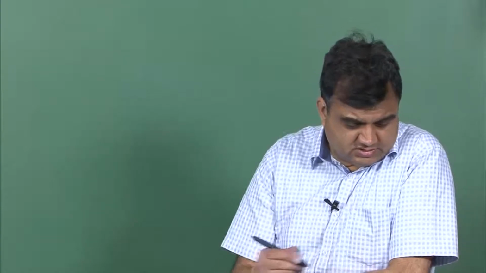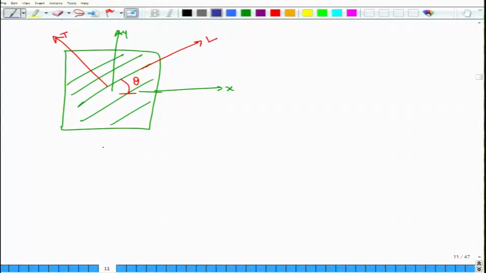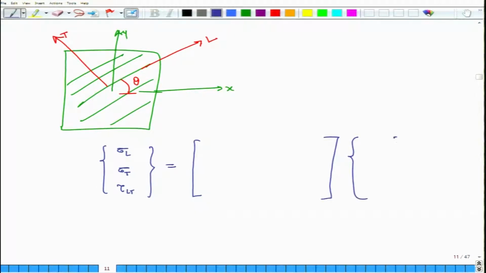using this relation. So, I can write that sigma L, sigma T and the shear stress tau LT is nothing but, so these relationships have been developed earlier in your earlier classes. So, we will not capture that again.